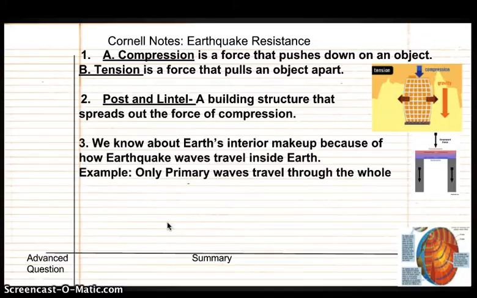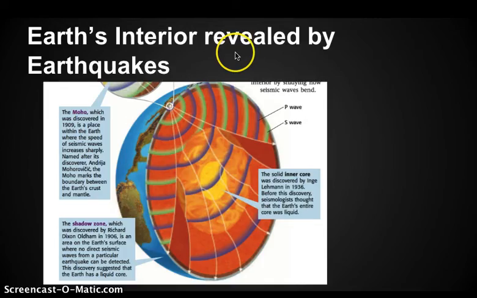We know all about the inside of the earth, or the earth's interior, because of how earthquake waves travel in the earth. For example, we know that only primary waves can go through the whole circumference of the earth, like in this picture. As you see, and this is on your handout today too, there's a primary wave and a secondary wave.